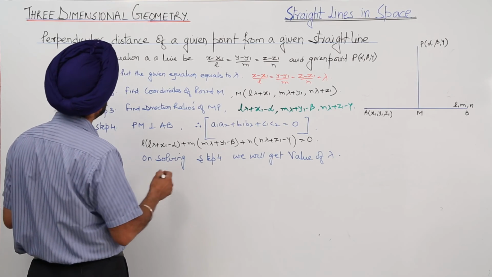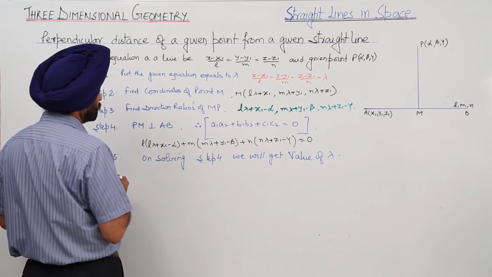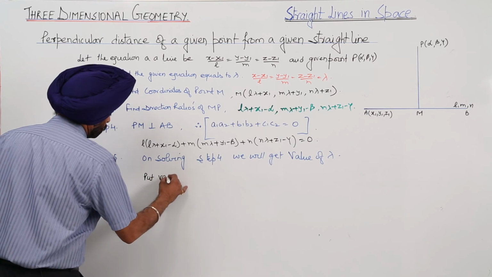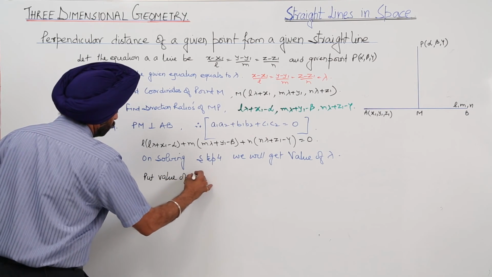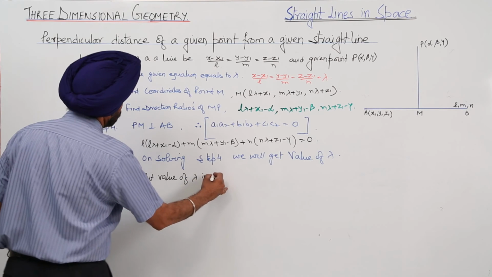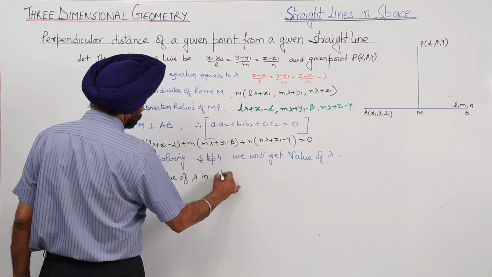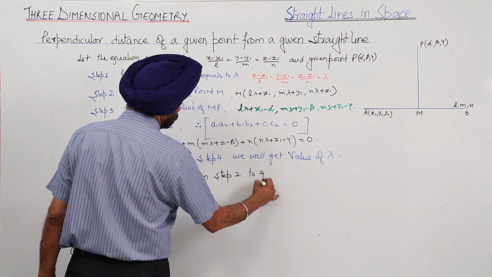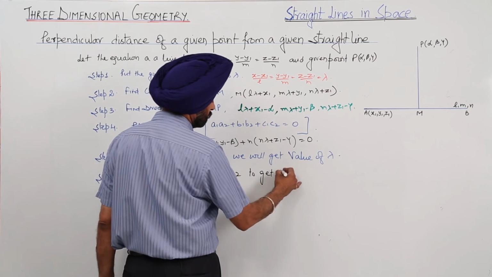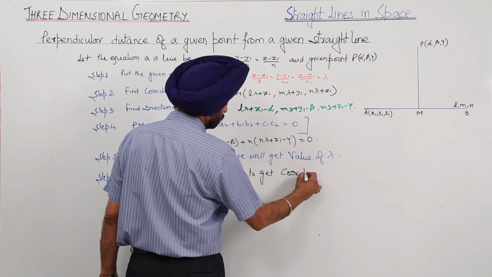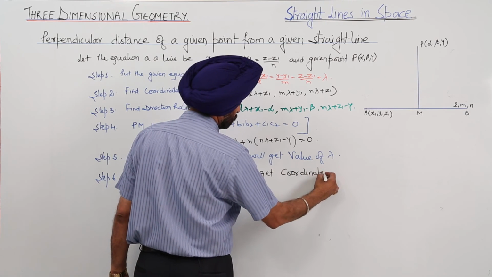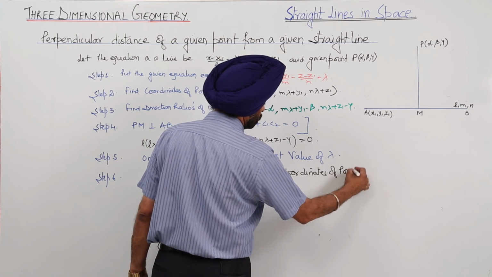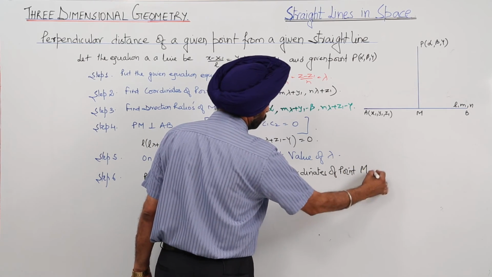Step 6 is to find the coordinates of point M. Put the value of lambda in step 2 to get the coordinates of point M.